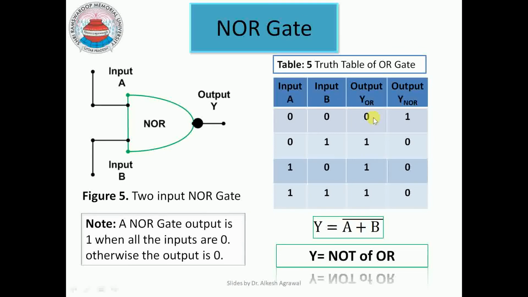In OR, we are getting a low output when all the inputs are low. But in NOR gate output, we get a high output when all the inputs are low. Otherwise, we get a low output. So this is Boolean expression y is equal to A or B inversion. This is not of OR. So this is the uniqueness of NOR that we have discussed, and output of NOR gate is inverse of OR gate.